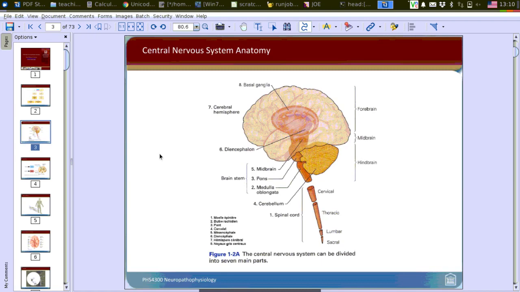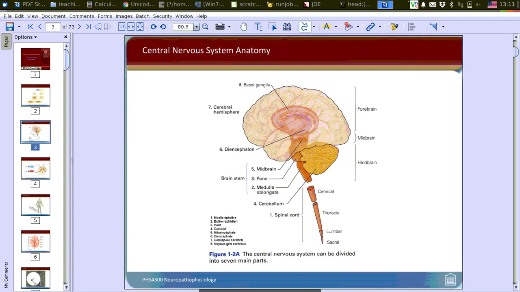Now, just to review the anatomy with you, this is the spinal cord. The spinal cord has at the bottom the sacral area, the lumbar, thoracic, and cervical. As soon as the nervous tissue enters the cranial vault, it becomes the brainstem.